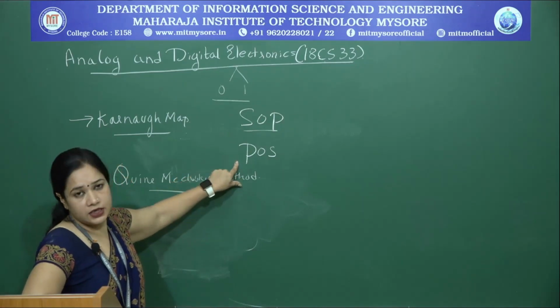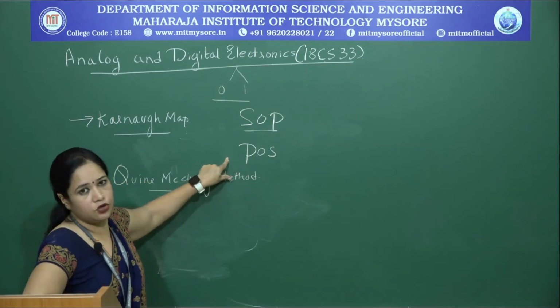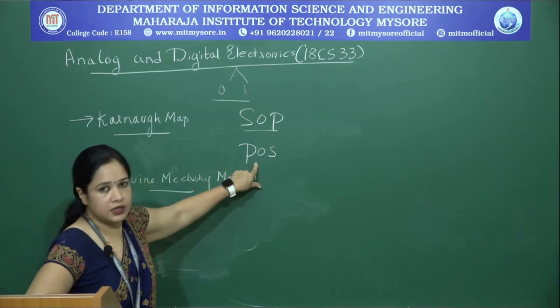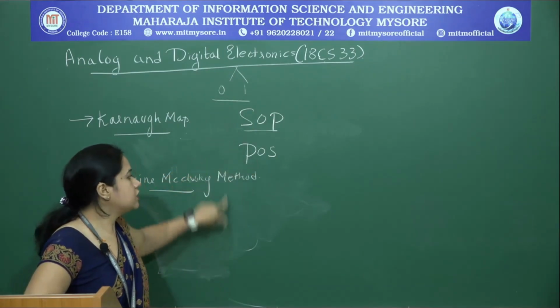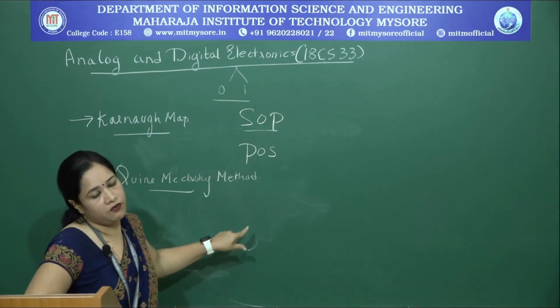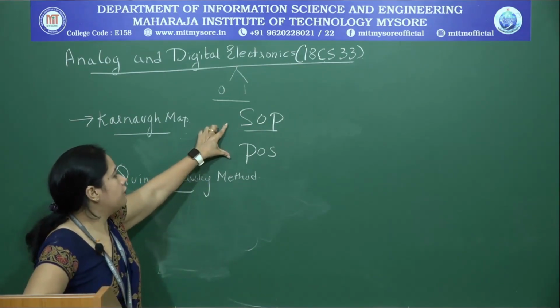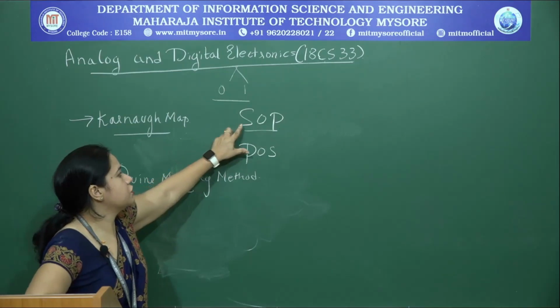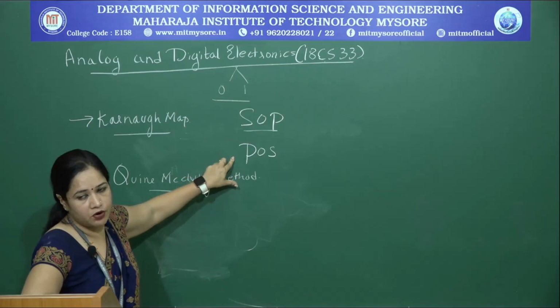POS is the product of sums, wherein many sum terms are ANDed together. This is represented again using two level logic circuits, wherein you have a series of OR gates whose output is fed into an AND gate. So we have two ways of representing a given Boolean expression, SOP and POS, sum of products and product of sums.